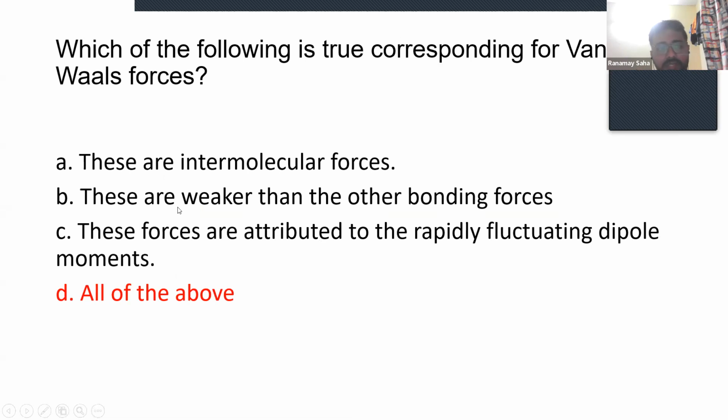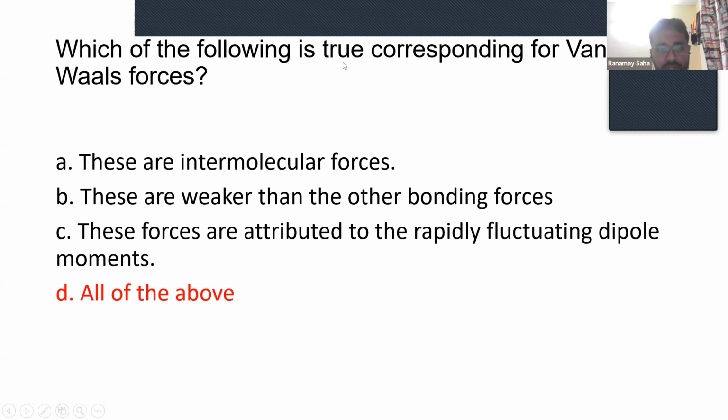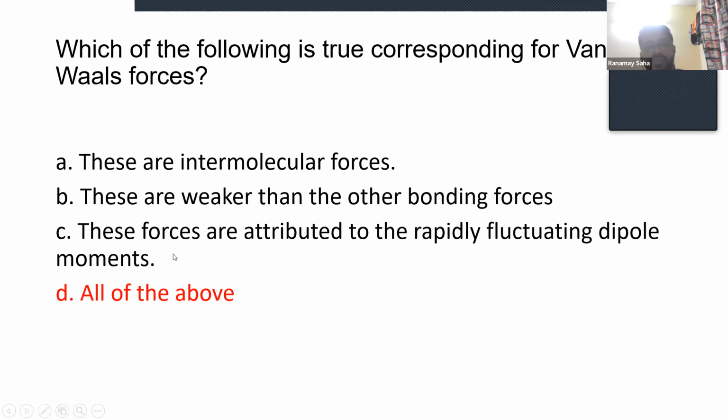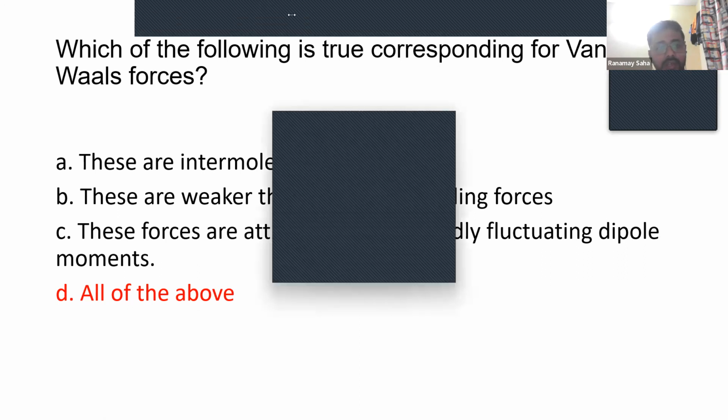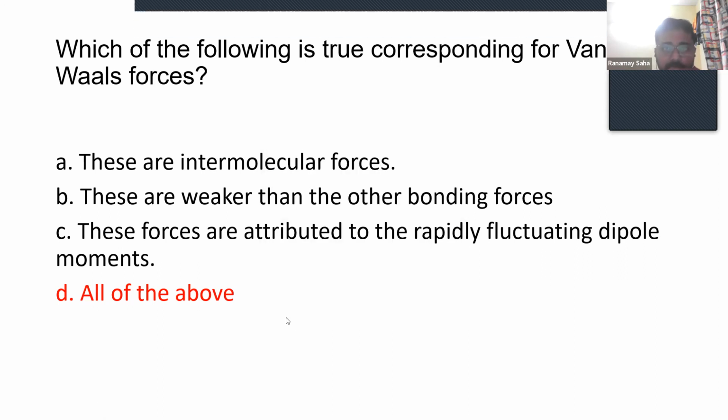They're weaker forces. These are still weaker than the other bonding forces. Yeah, that's also true. And these forces are attributed to the rapidly fluctuating dipole moments. Yeah, there is a variable in the particular formula which relates to this van der Waals force. So all of the options are correct here.